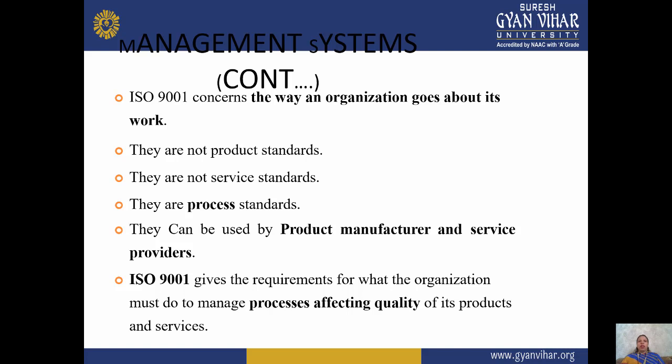They can be used by product manufacturers and service providers. ISO 9001 gives the requirements for what the organization must do to manage the processes affecting the quality of its products and services.